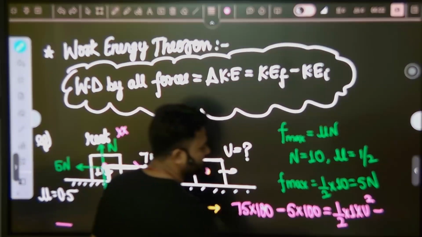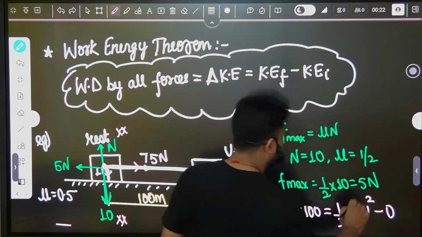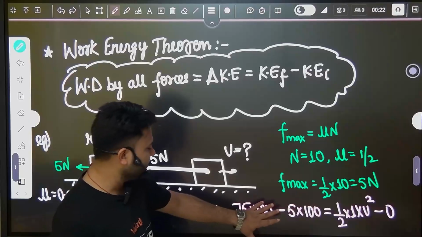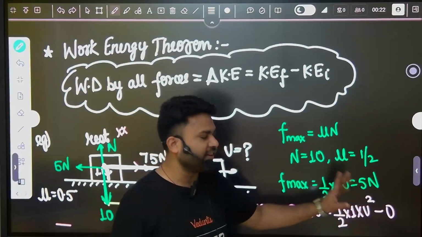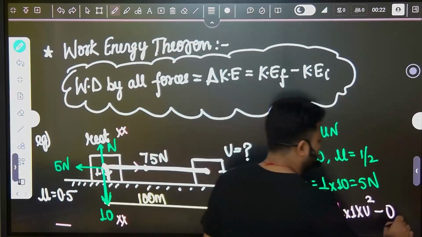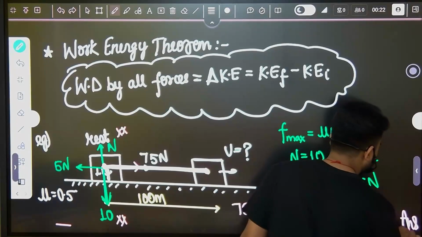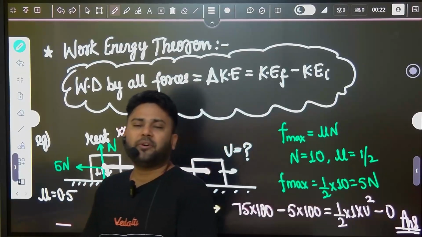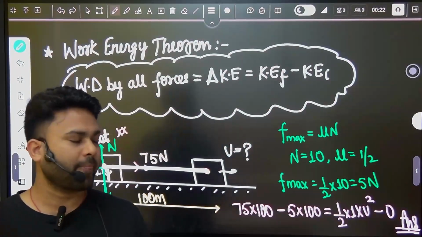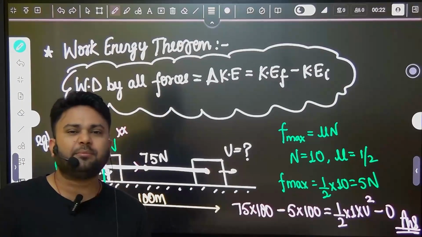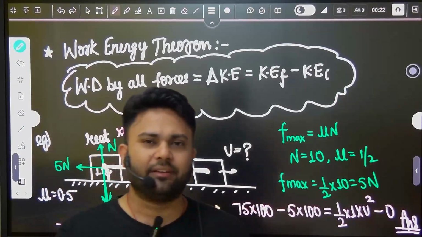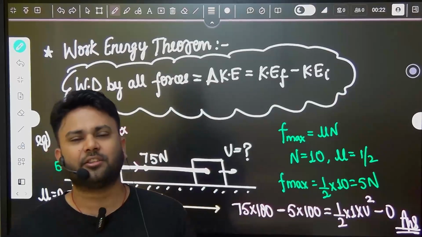Initially the object was at rest, so 0. You can solve this; everything is given, you have to find the speed. You can solve it later on. So this way we are going to solve questions based on the work energy theorem. Most of the time they ask for speed, so you can use the work energy theorem.